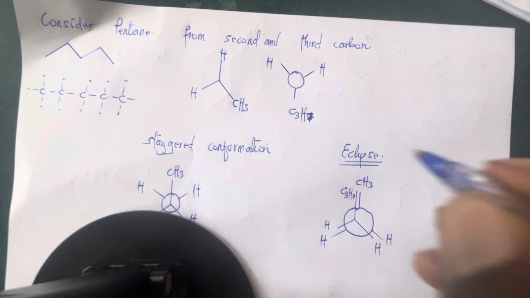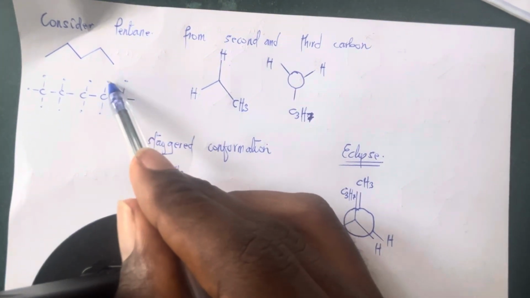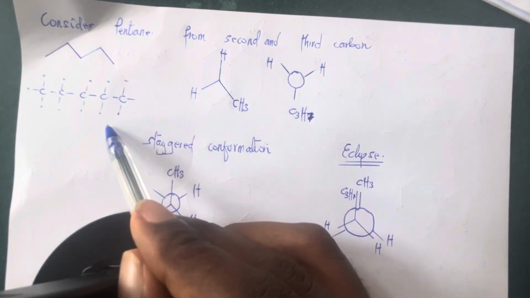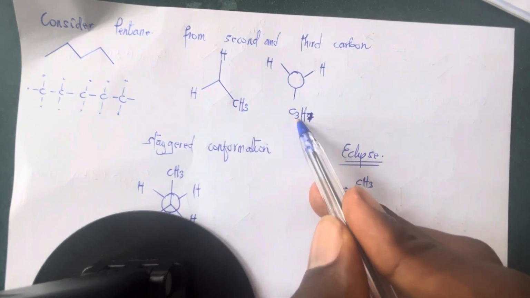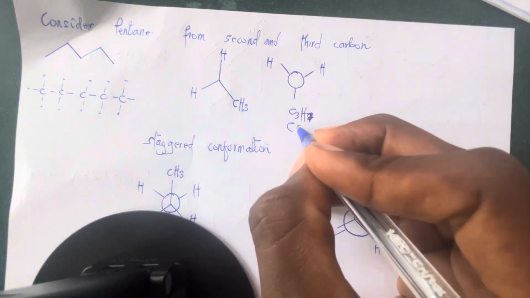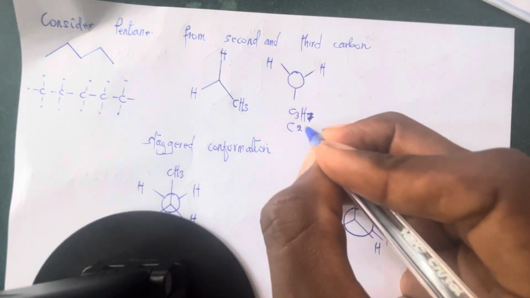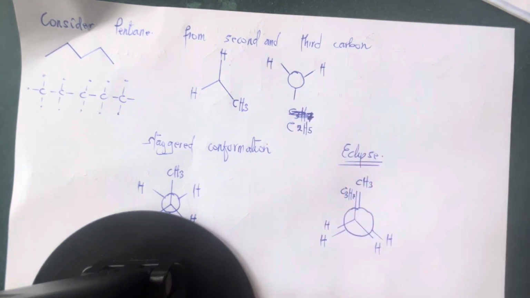If you are very observant, you can see there are two carbons with how many hydrogens? 5. 1, 2, 3, 4, 5. So here, instead of it being CH3 or C3H7, it is rather supposed to be C2H5, as you can see.